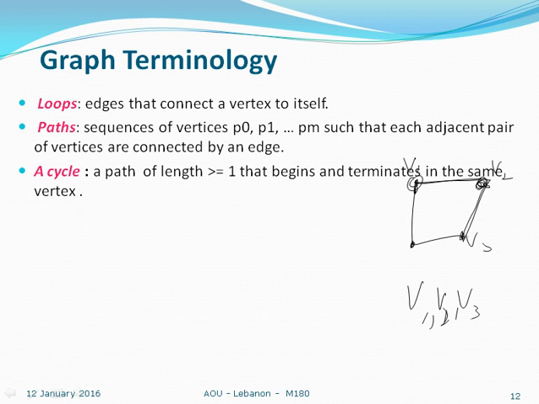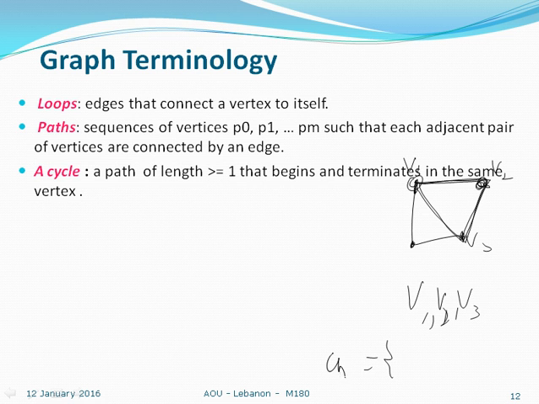A cycle is any path which terminates at the same vertex where it started. For example, v1, v2, v3 and v1 forms a cycle.